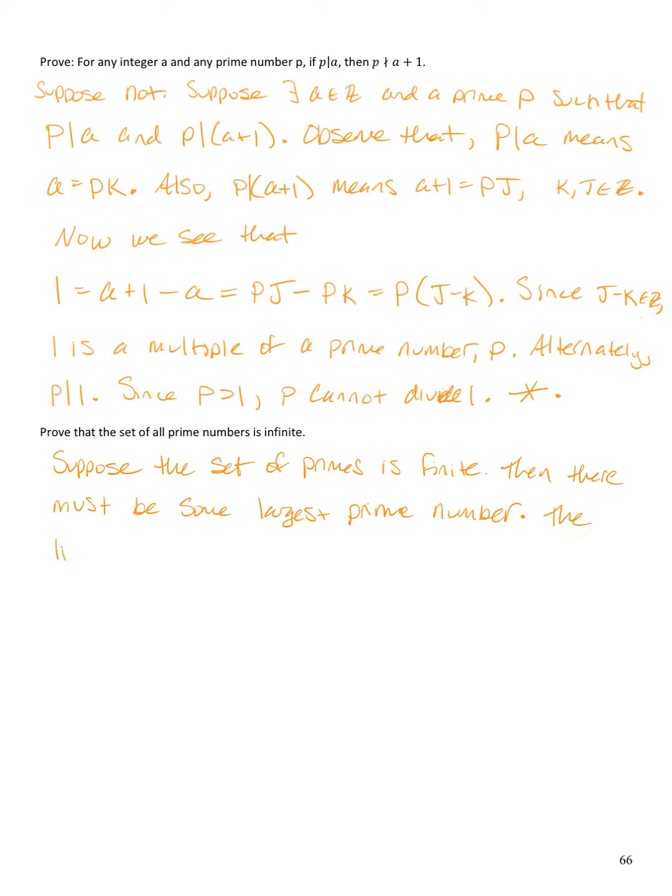The list of all primes would be 2, 3, 5, 7, 11, and then there'd be our largest one, we'll call it P.